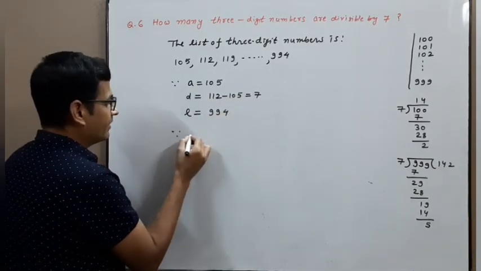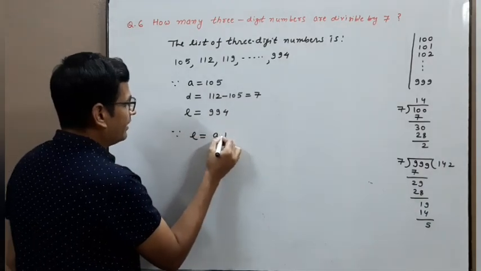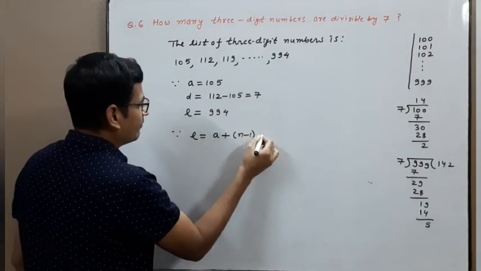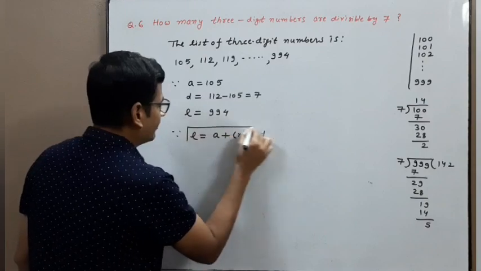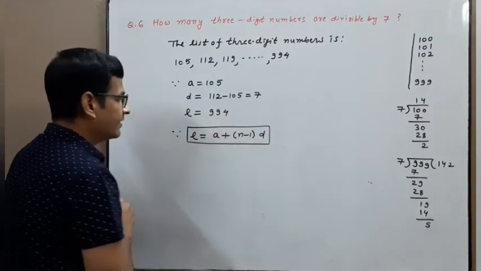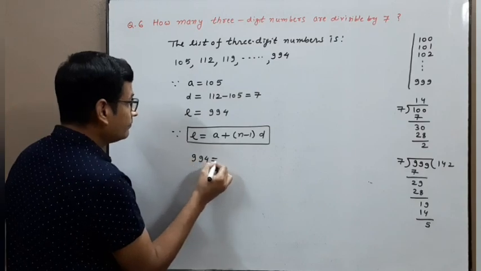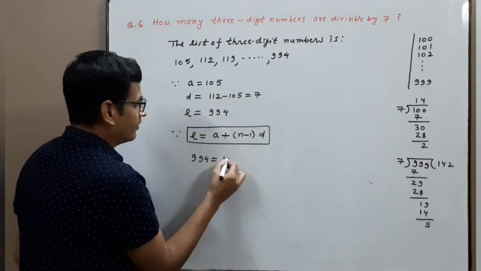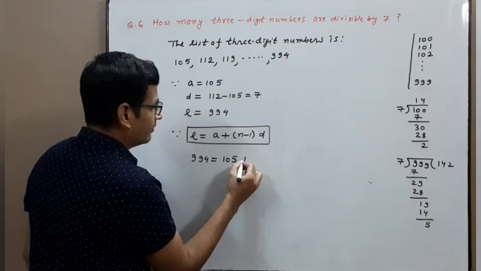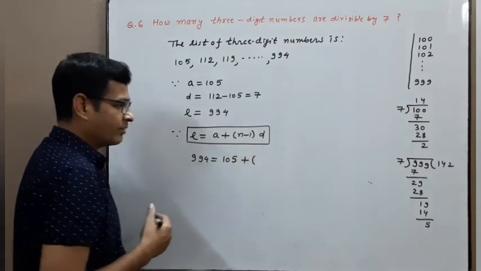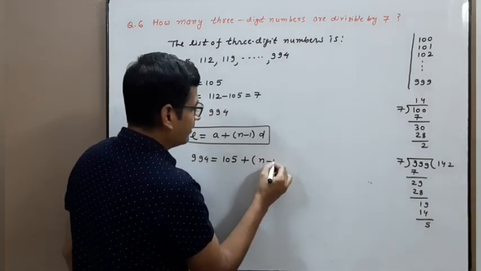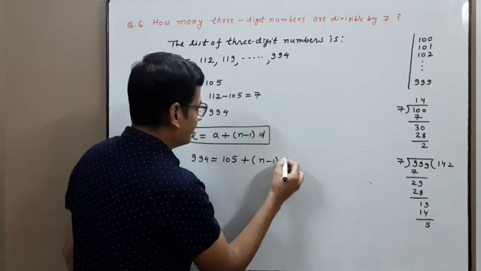Now since last term equal to A plus n minus 1 into D, how much is L given? 994. How much is A given? 105. n is the number of terms which we have to find, and D is the common difference, 7.